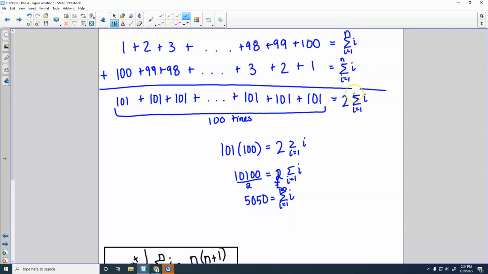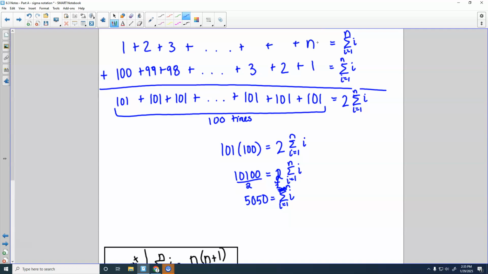Right, so I'm going to change my 100 to n. That means that these numbers right here would not necessarily be 100. My last number would have to be n. All done? Okay.